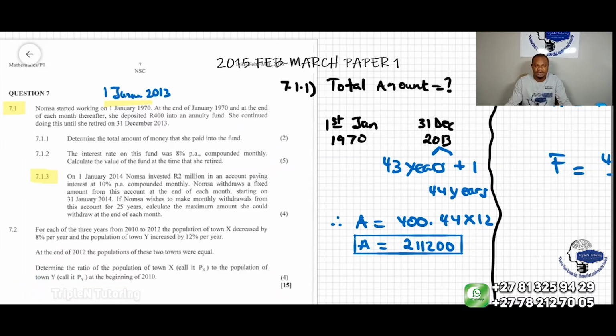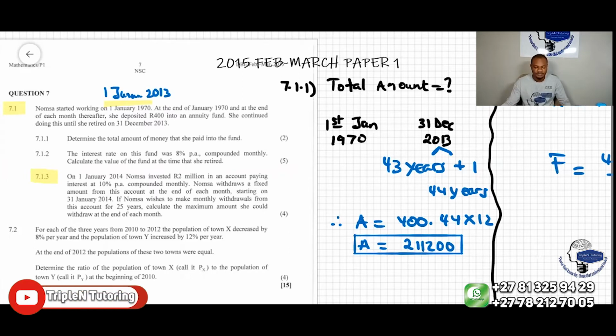Nomsa withdraws a fixed amount from this account at the end of each month, starting on 31st January 2014. If Nomsa wishes to make monthly withdrawals from this account for 25 years, calculate the maximum amount she could withdraw at the end of each month.